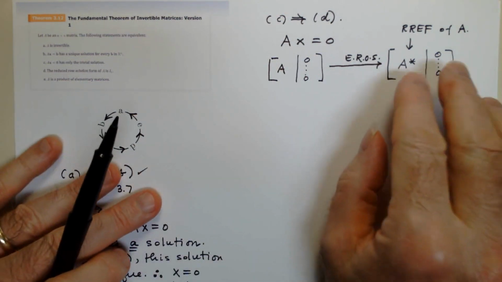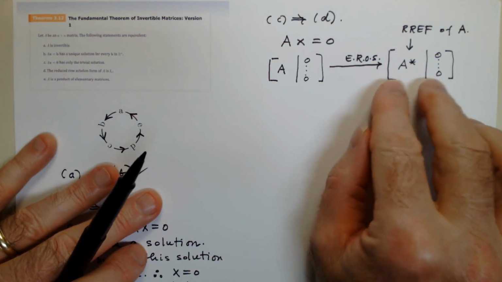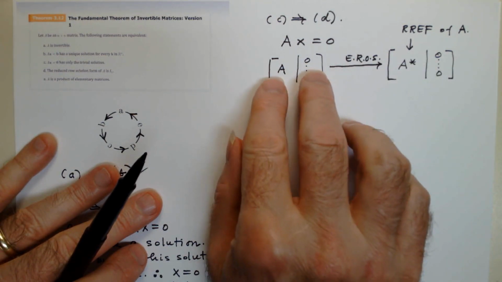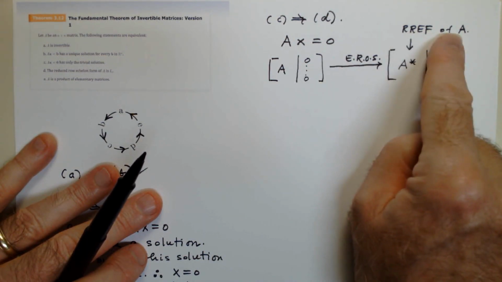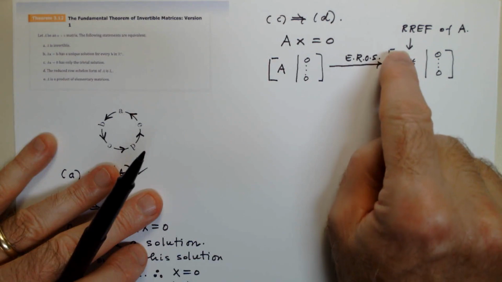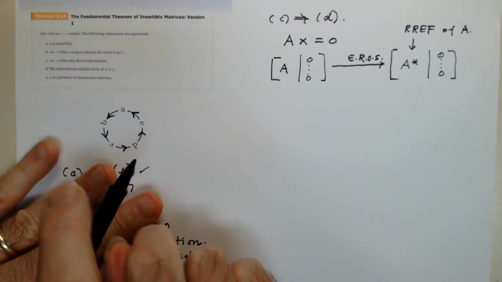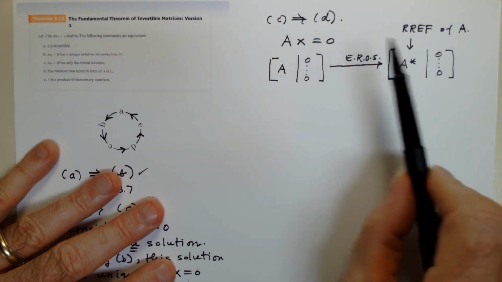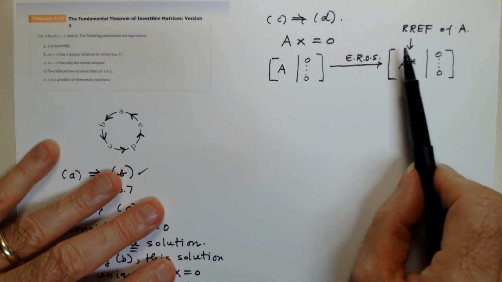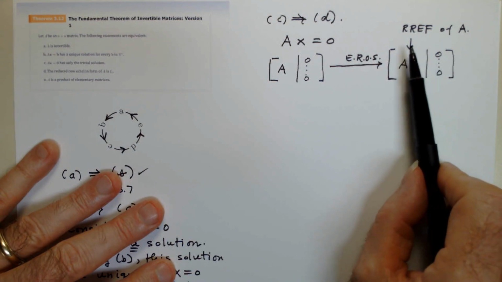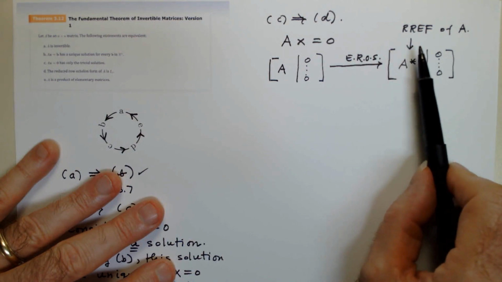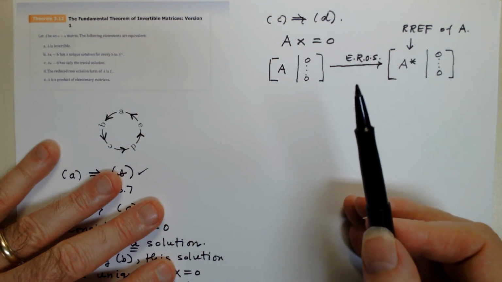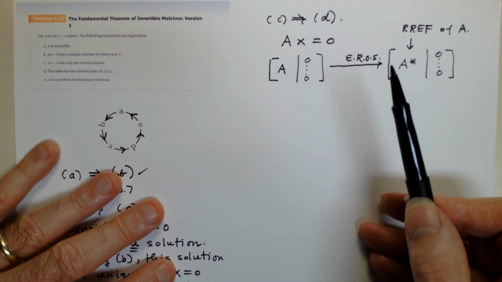Now, if you remember, how do we think about solutions to this system once we have it in reduced row echelon form? Well, we would look at all the different columns, right? That would correspond to all the different variables. In this case, it's an n by n matrix, so there are n variables associated with the n columns. If any one of those variables didn't have a leading one, there would be a free variable, right?